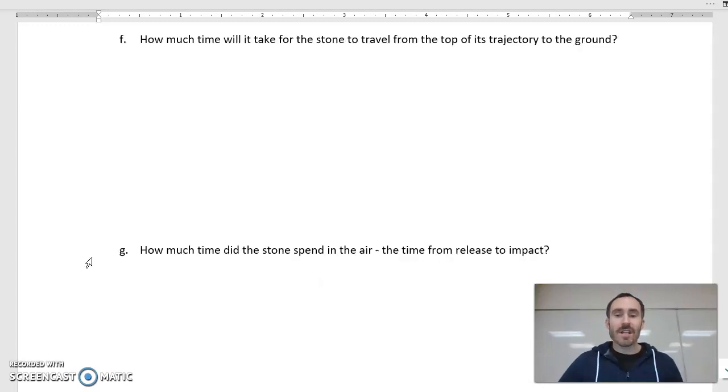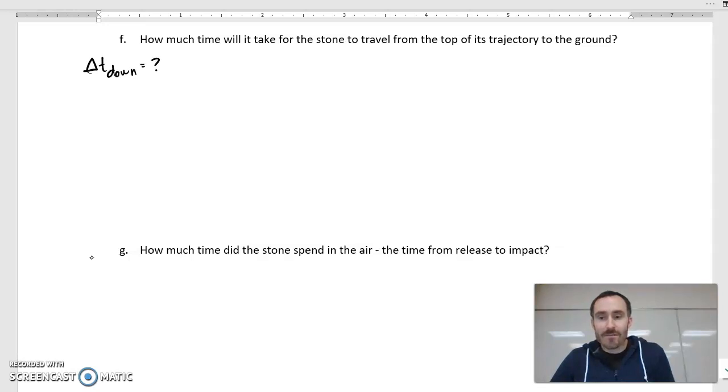How much time will it take for the stone to travel from the top of its trajectory to the ground? So now we are looking for the time down. Okay, this is all still y calculations. We haven't even touched the x section yet. So we're still going to use v1y, but let's think about this for a second here.